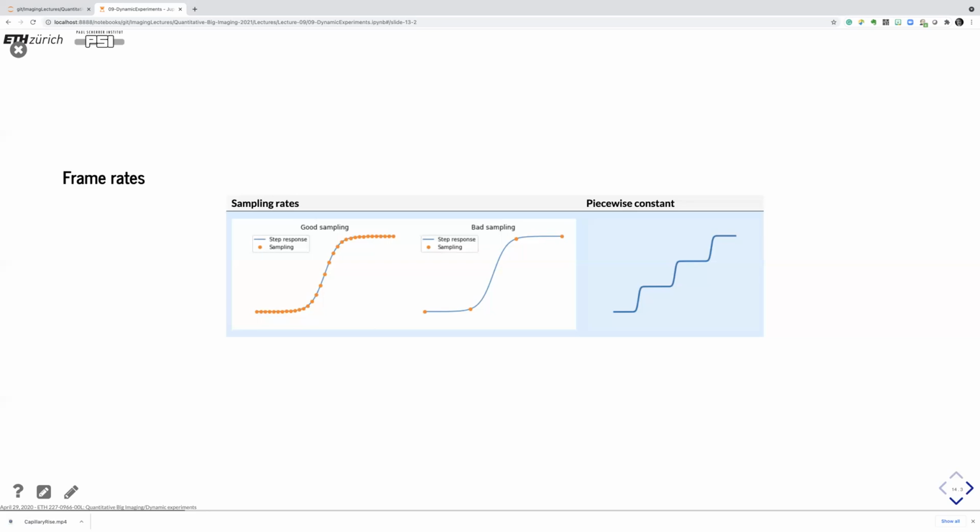So it depends a little bit on how much you can control the process, and whether you're going for the continuous sampling or the piecewise constant approach.